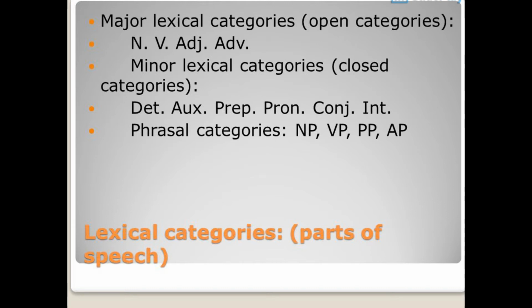Major lexical categories, open categories: noun, verb, adjective, adverb. Minor lexical categories, closed categories: Det, Prep, Pron, Conj, Int. Phrasal categories: NP, VP, PP, AP.